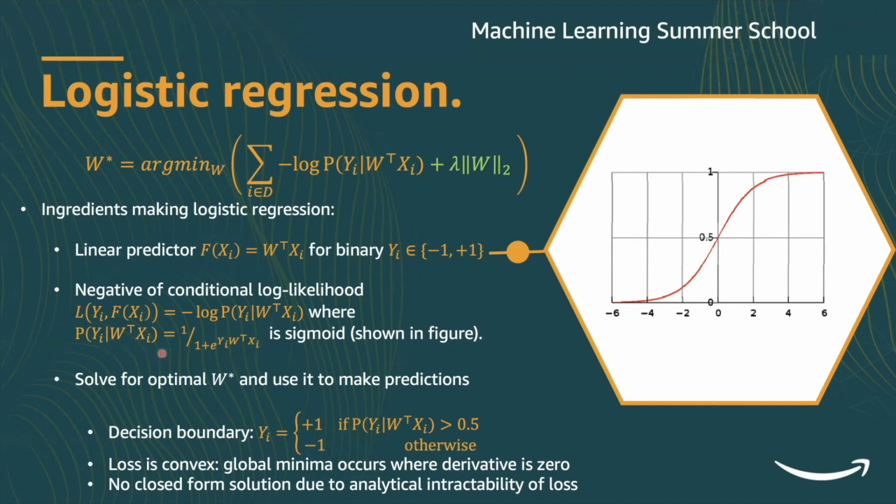Now that we have the probability of the sample xi belonging to the class yi, we can compute what is called the likelihood of the data, which is nothing but the product of the probabilities over all the samples in the data set.